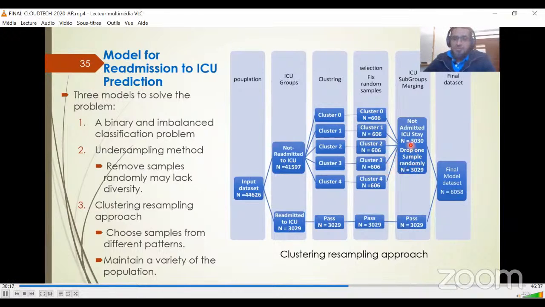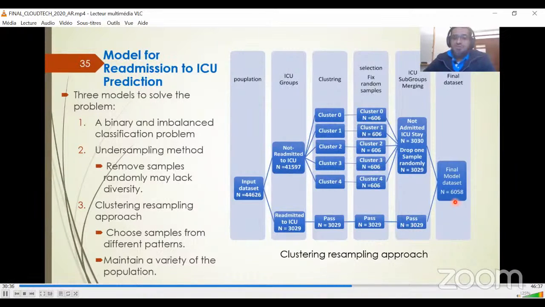We will have the same number of samples as in the readmitted to ICU group. So the final model dataset is a balanced dataset.